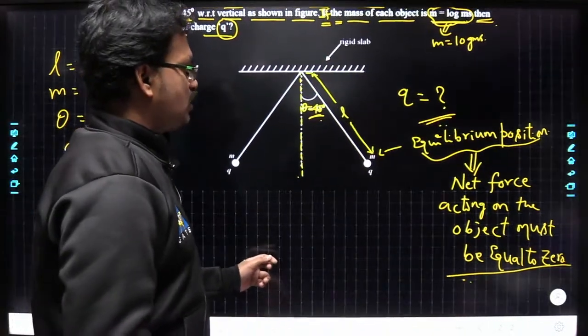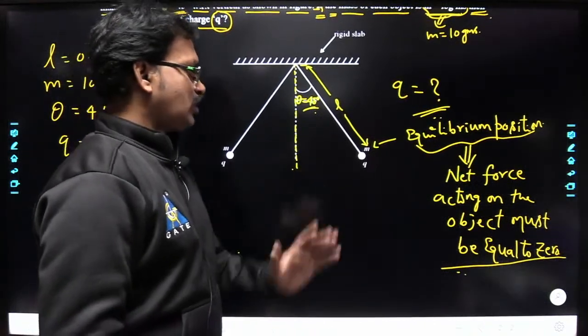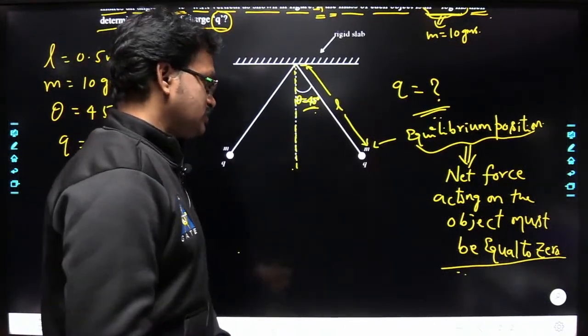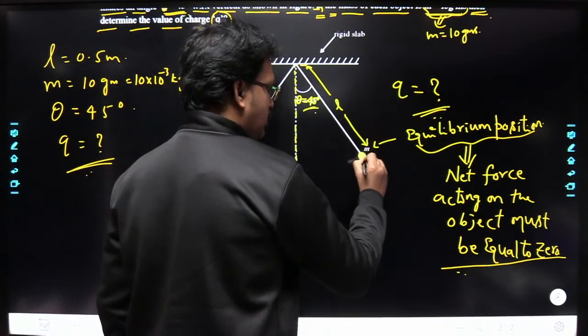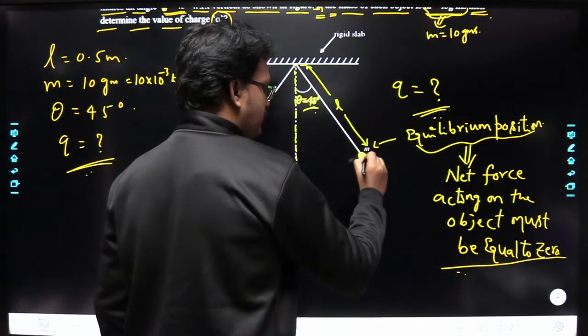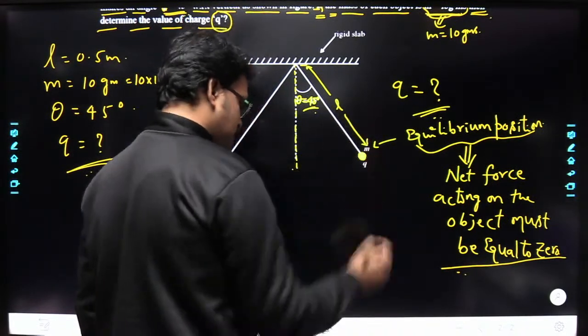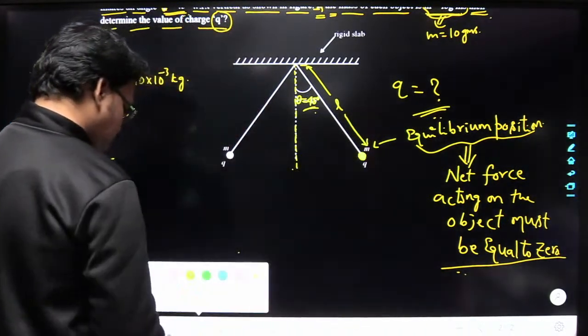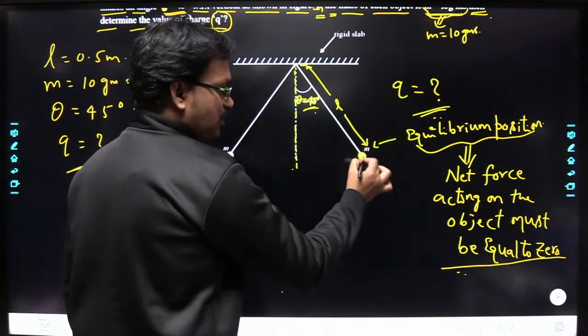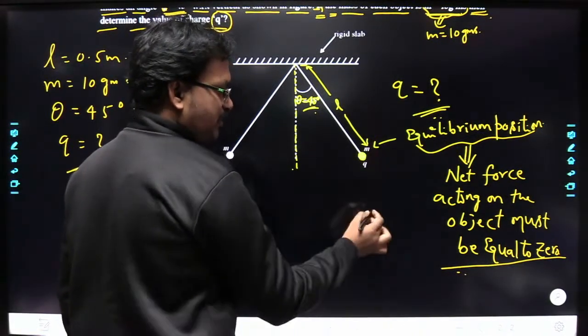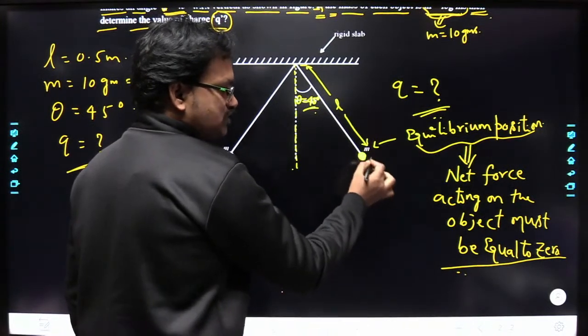Right. So now, what are the forces that are acting on this object here? Tell me. Whenever you are having an object here, what are the forces that are going to act?